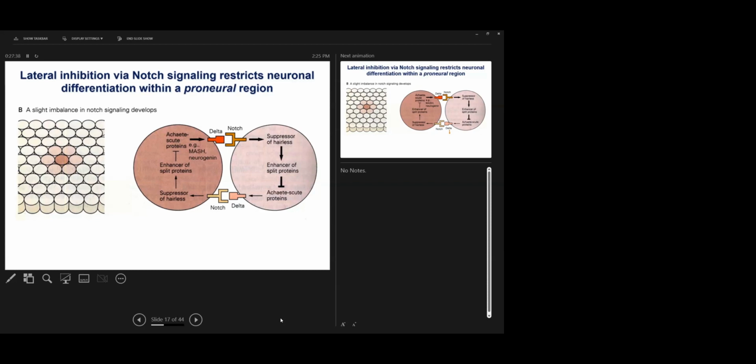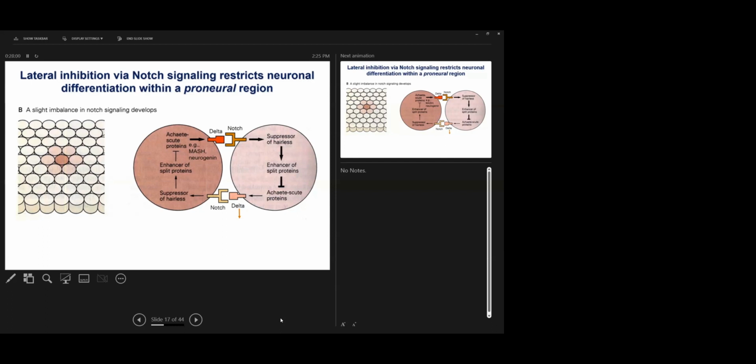Delta binds to Notch, and after binding to Notch, the other cell suppresses Hairless, and this activates Enhancer of split protein, which inhibits the ASC complex of the other cell. Now you have reduced expression of Delta.